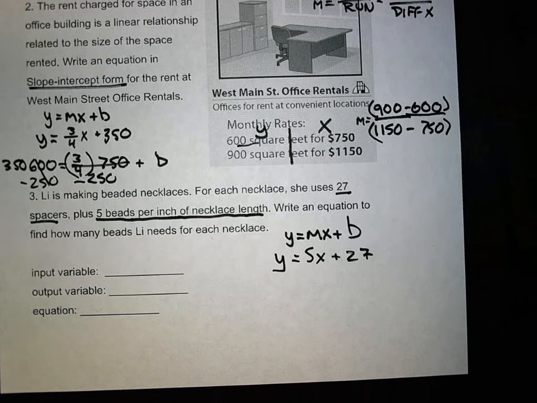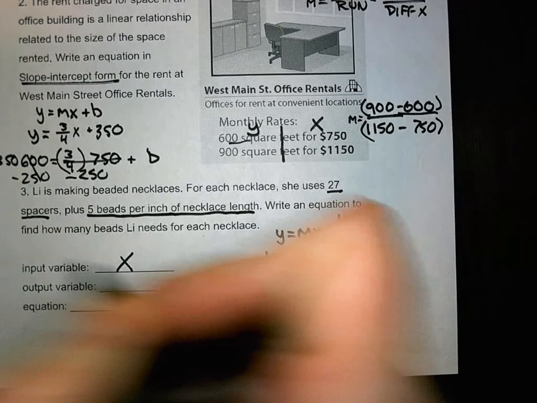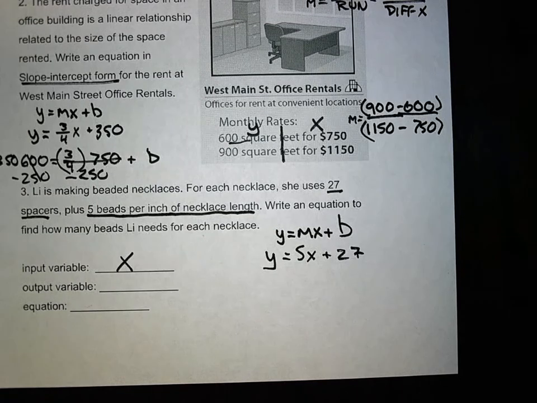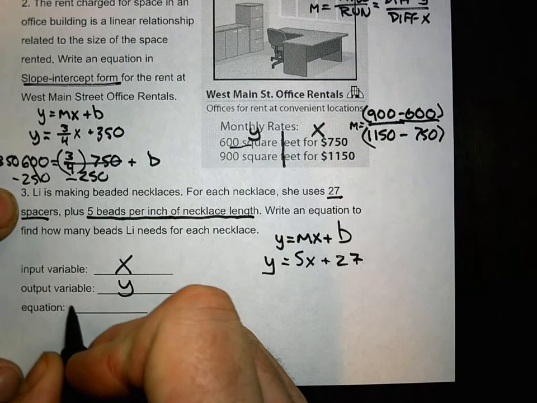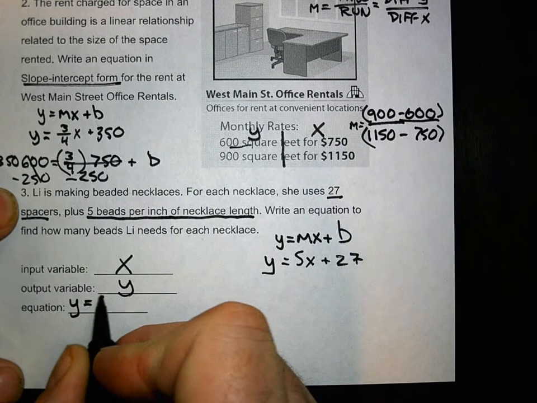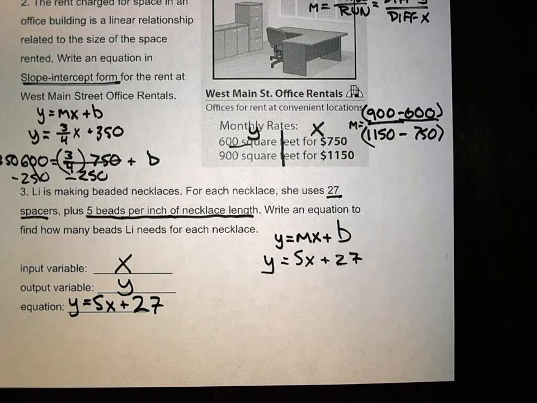So it changes depending on who wants what, doesn't it? So x is your input. What's your output variable? What comes out of the equation? y. It tells you how many beads total. And we already know our equation is y equals 5 beads per inch plus 27 spacers. So you're just trying to find the equation.